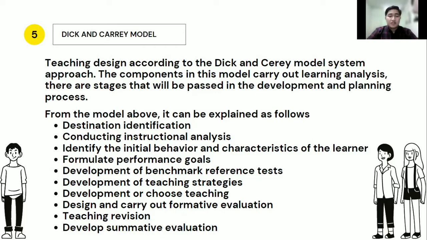Conducting instructional analysis. Identify the initial behavior and characteristics of the learners. Formulate performance goals, development of benchmark reference tests, development of teaching strategies, development or choose teaching materials, design and carry out formative evaluation, teaching revision, develop summative evaluation.